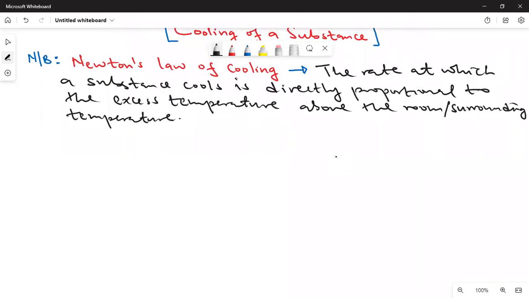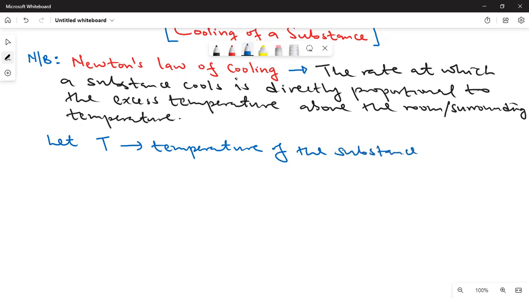So let T be the temperature of the substance at any time t.